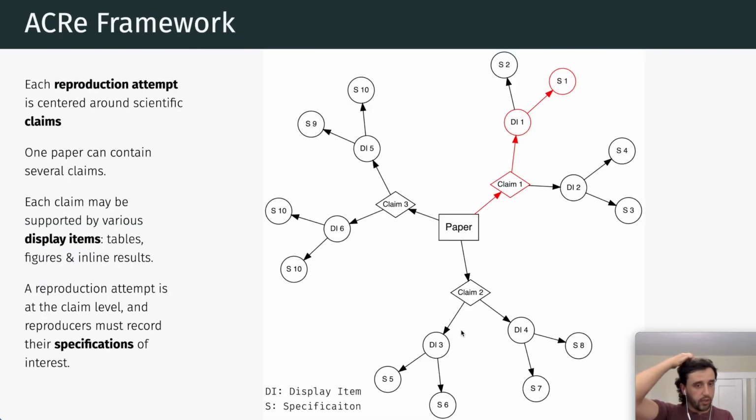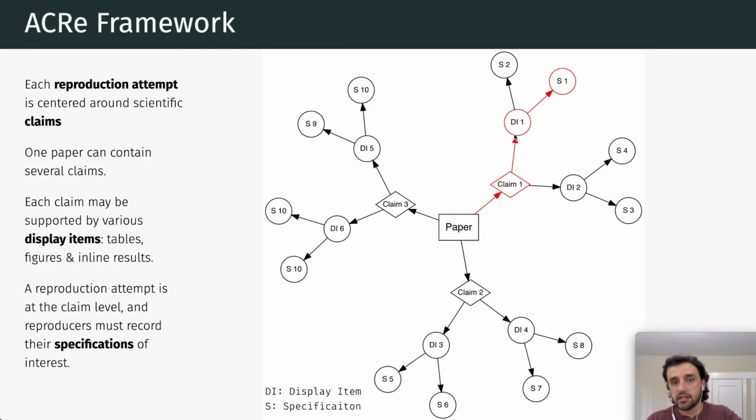And how we approach this is that we're going to think of each reproduction attempt as centered around claims, not centered on the entire paper. Each paper might have one or more scientific claims or major findings, which are supported by display items, tables, figures, or inline results.